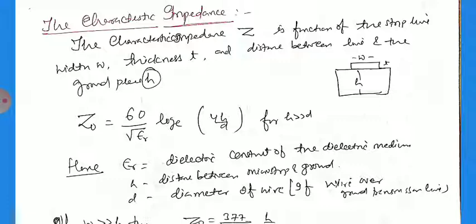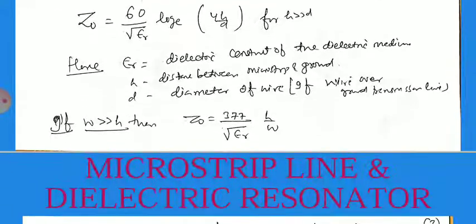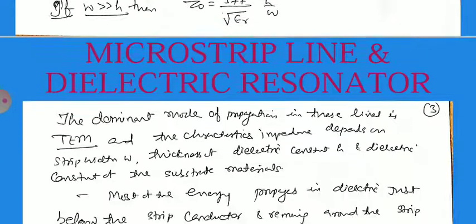Epsilon r is the relative dielectric constant of the dielectric medium, h is the distance between the strip and the ground, and d is the diameter of the wire over the ground. If W is greater than h, then Z0 equals 377 by root of epsilon r, times h by W.